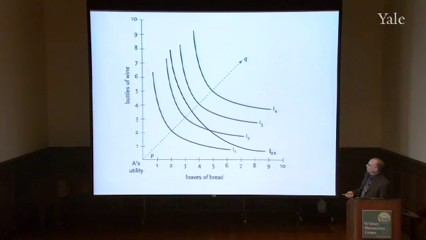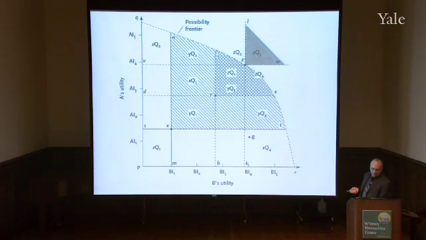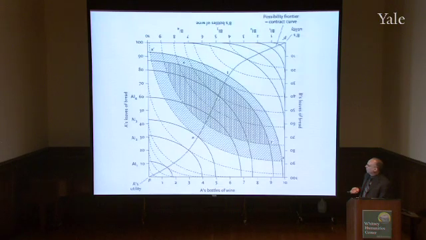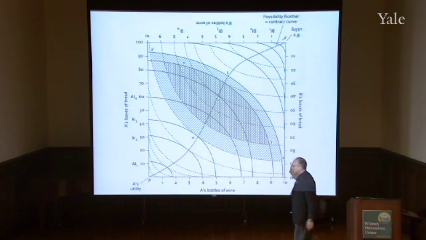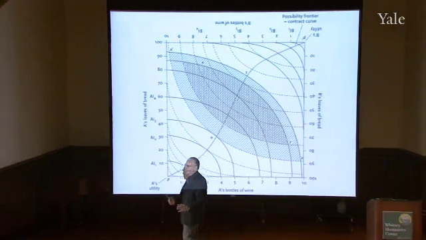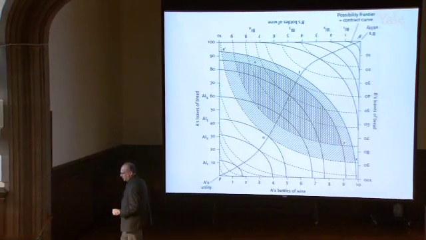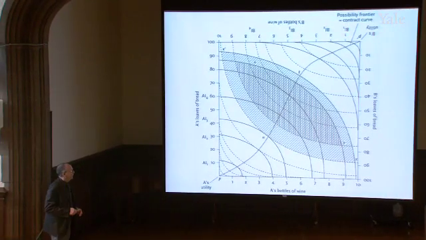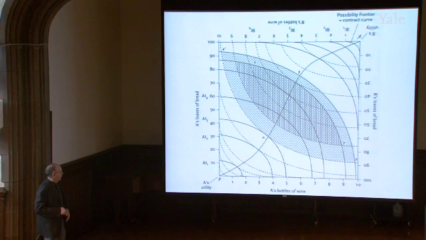We're putting this diagram where we have two commodities and one person, and this diagram where we have two people and just utility, we're putting it all together, okay, into one big picture. And you'll see why this is helpful once we get to the end of it.